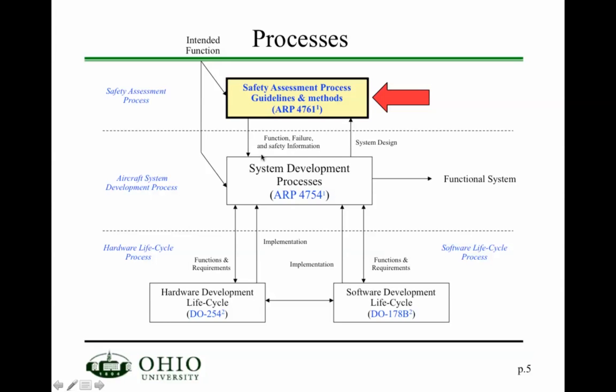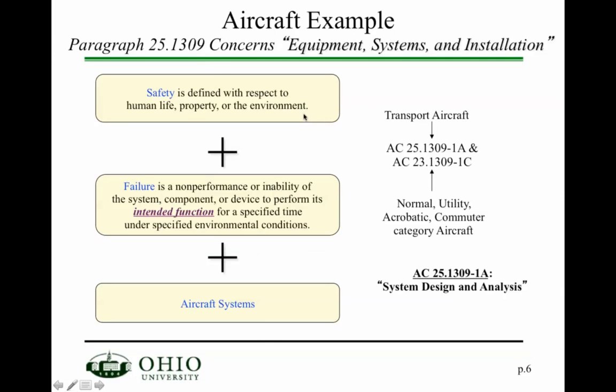And that's put in context, of course, in a hardware-specific life cycle and a software development life cycle. So this is DO-254 and there's DO-178B, and for 178B there's an update, 178C. But what we're going to focus on in this module is the safety assessment processes, ARP 4761.